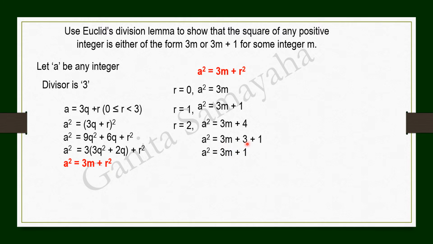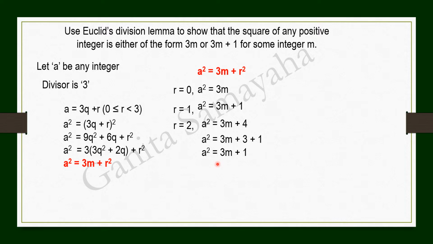Okay, 3m plus 3 itself means it is 3 into (m plus 1), which means that it is a multiple of 3. That means we have got the first term as 3 into some integer. Okay, children, that is denoted as m here. We have used m only to denote some integer, not as a particular variable. Okay, children.